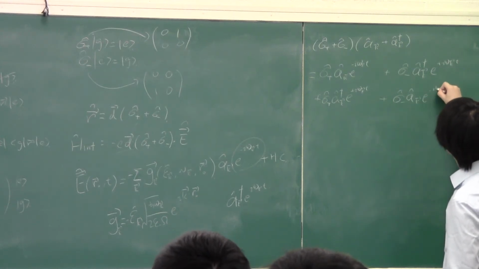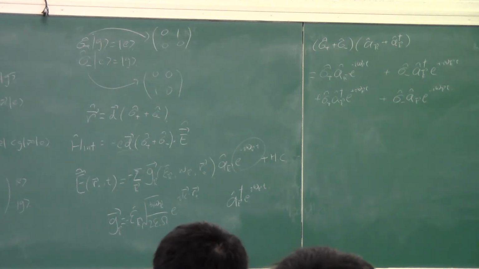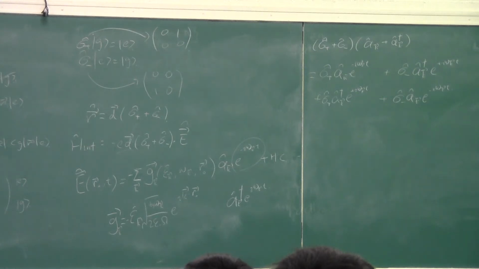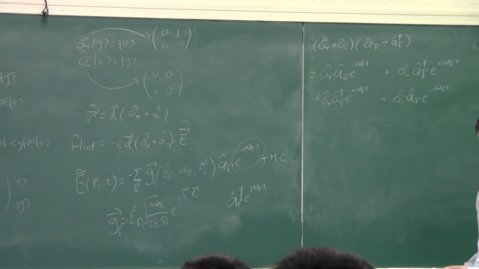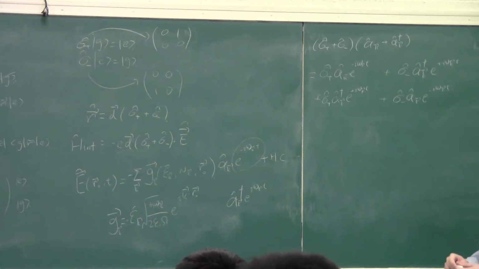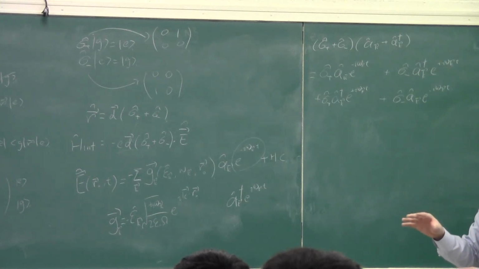And then let's think about how these operators evolve in time. I'm saying for the free atom, how are they going to evolve in time in the Heisenberg picture? Do you remember the difference between the Schrodinger and Heisenberg pictures?